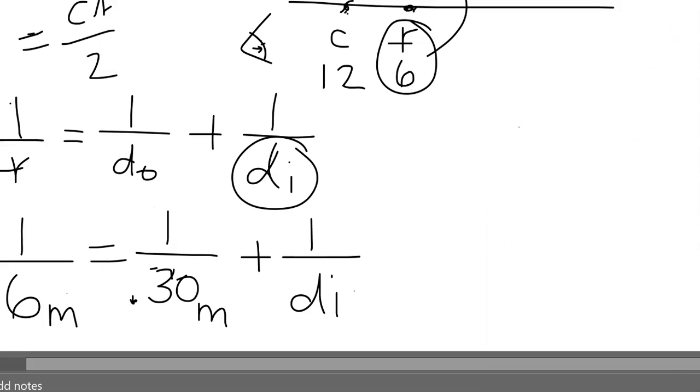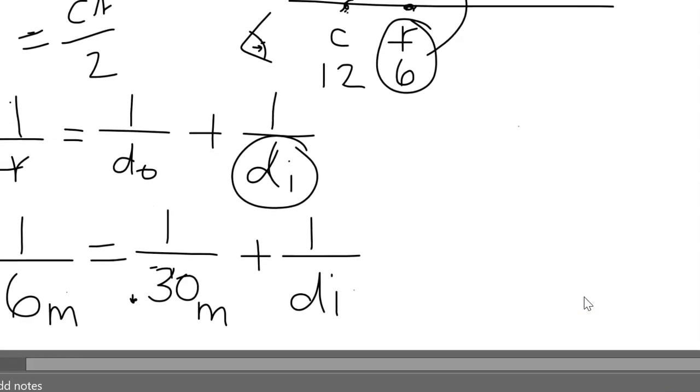Let me move over here. Okay. Now let us solve for that. So 1 over 0.06, when you plug that in, should be 16.67.